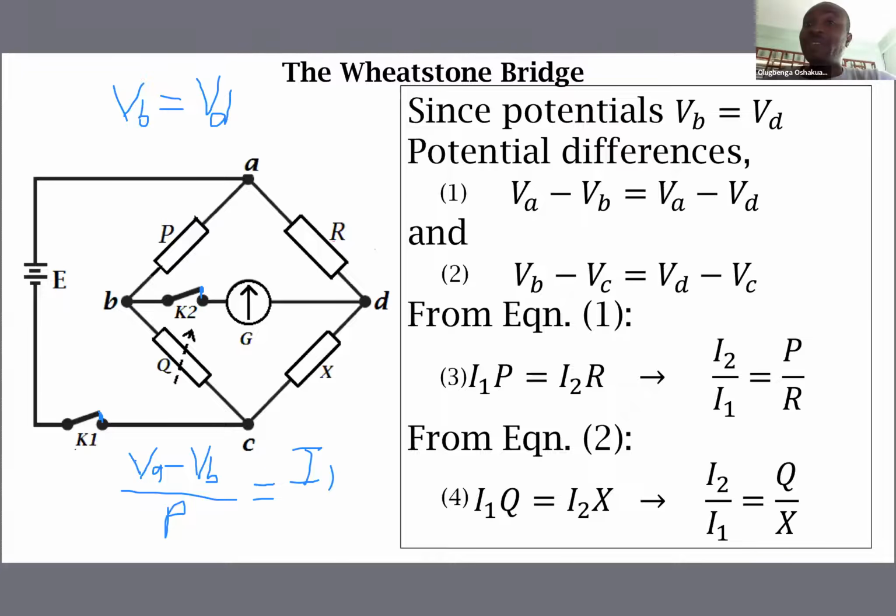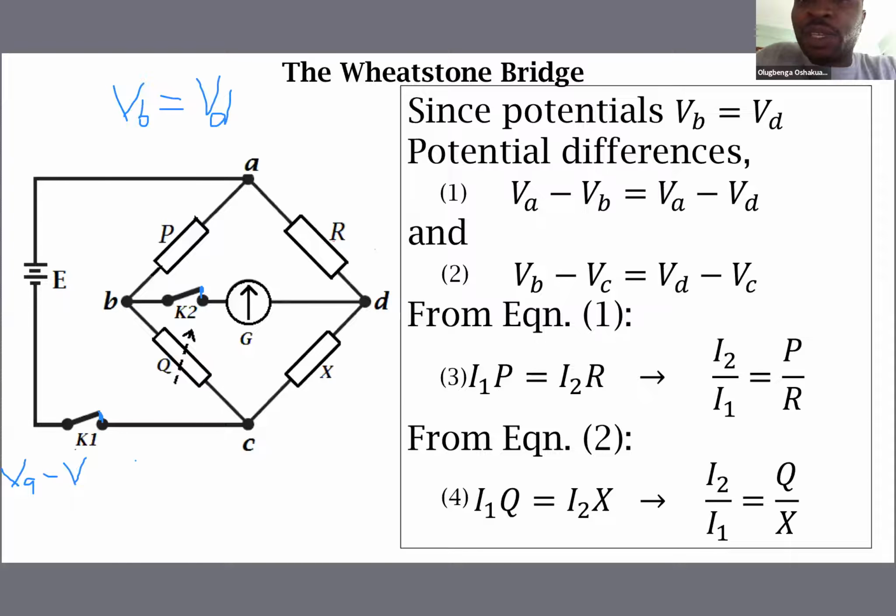Similarly, we can say the current that will flow through resistor Q. Let me write it again. The potential difference across resistor P is VA minus VB, and from Ohm's law, divided by the value of resistor P, is equal to I1.